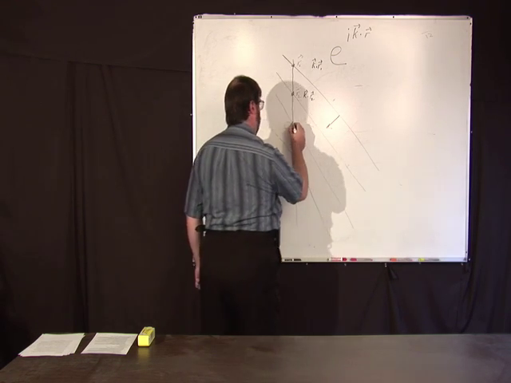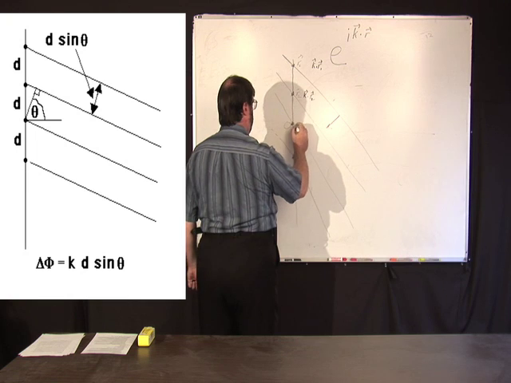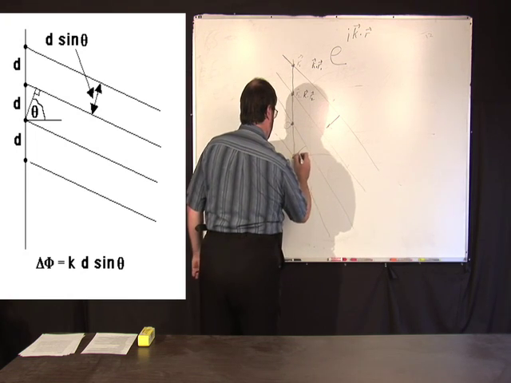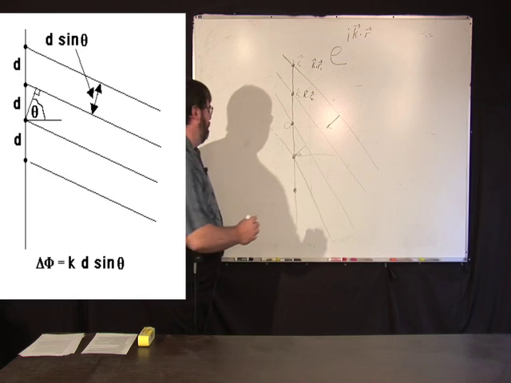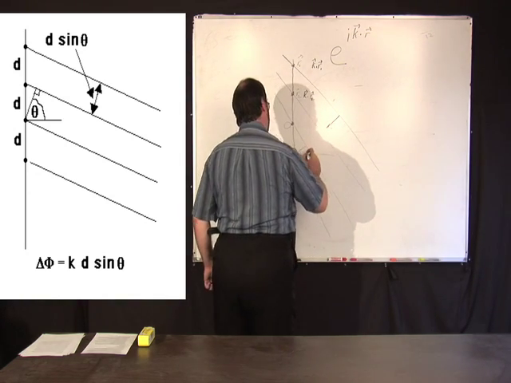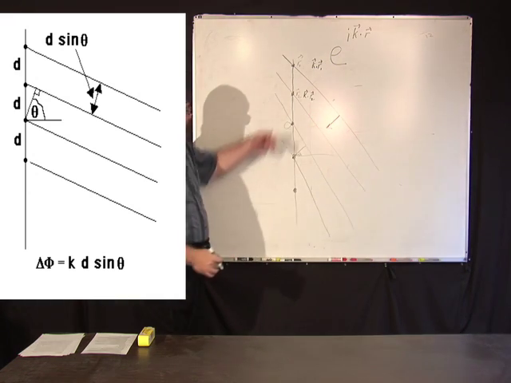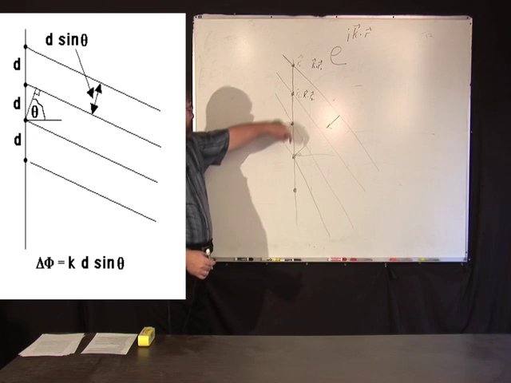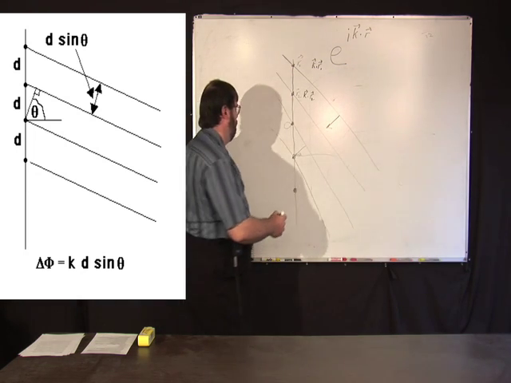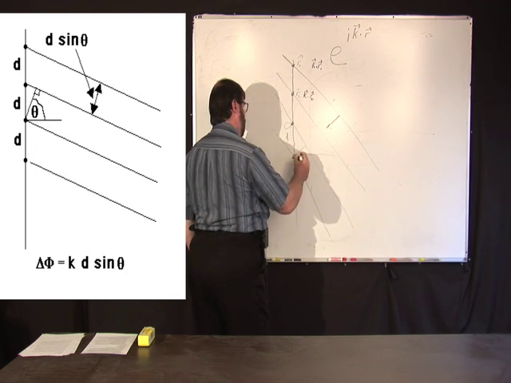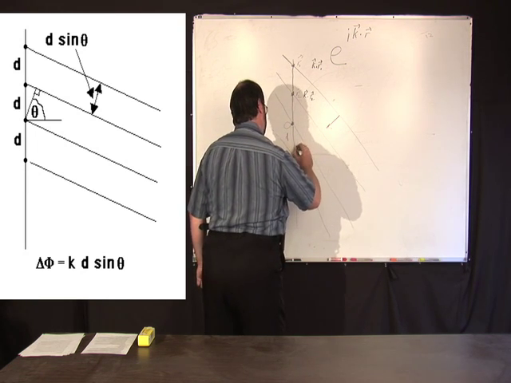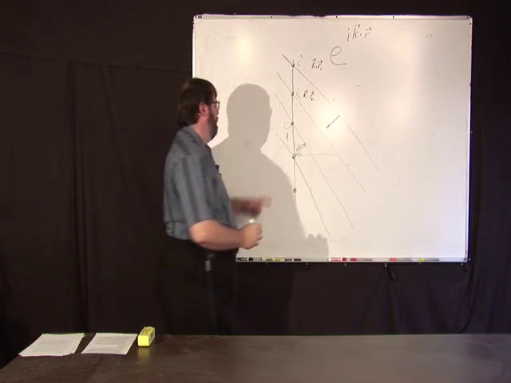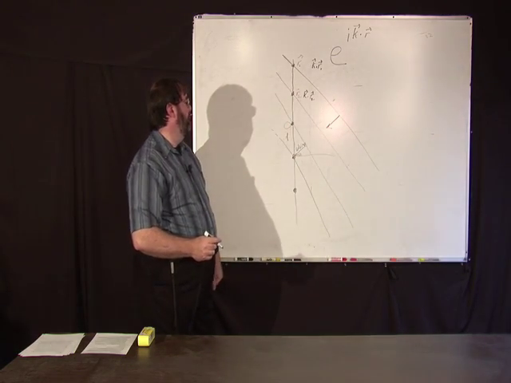And if you call this angle here theta, you can see that with this spacing d, this phase distance here is k d sine theta. It's exactly the same derivation.